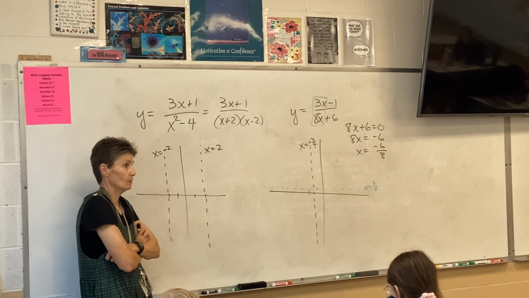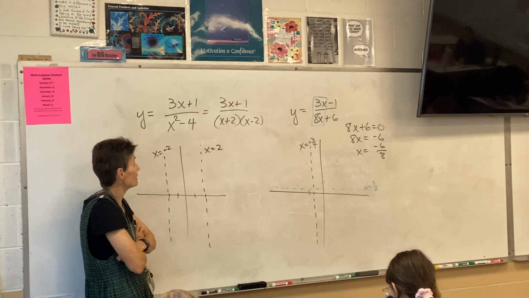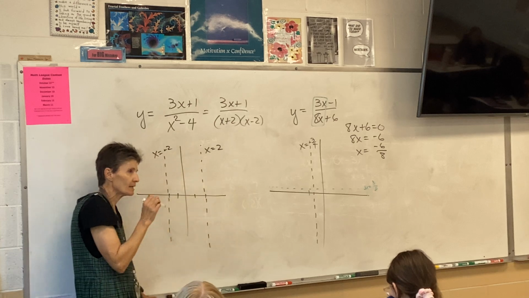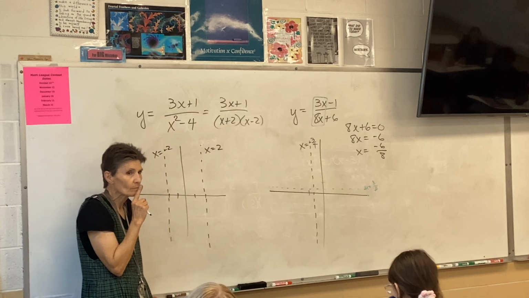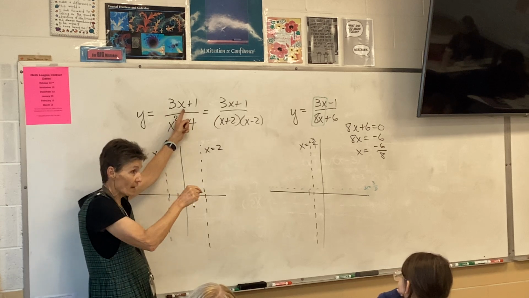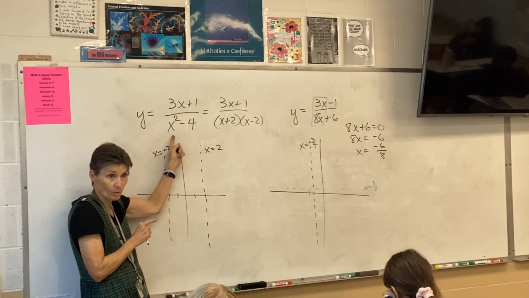The horizontal is tricky this time. Look at the original problem. Does anybody see anything a little bit unusual about this problem compared to our other ones? Well, the top is a plain x, and the bottom is an x squared.